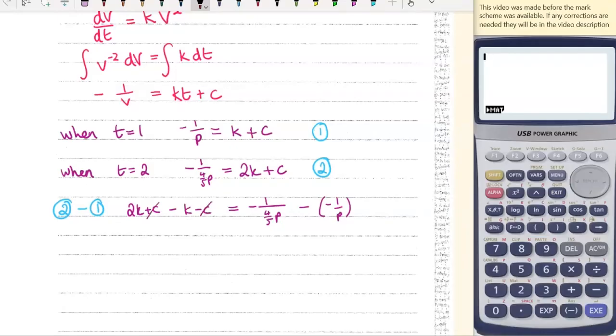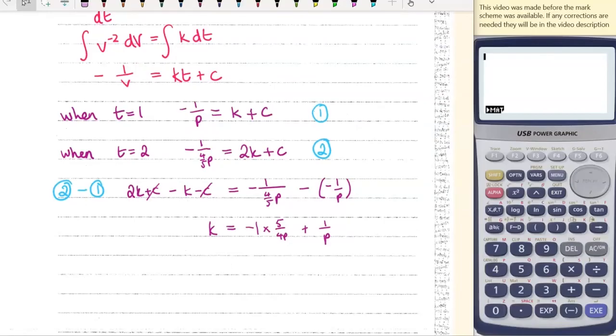I've got 2k minus k on the left, so k is equal to this thing on the right. If I do minus 1 divided by 4/5 of p, that's the same as if I was timesing by 5 over 4p, plus 1 over p. Now the minus 1 times the 5, I'm going to write as minus 5 over 4p. If I want to put this together as a common denominator, that's minus 5 over 4p plus 4 over 4p. So minus 5 plus 4, that's going to be equal to minus 1 over 4p.